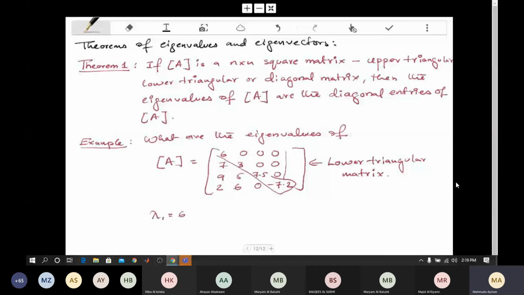So lambda 1 is 6, lambda 2 is 3, lambda 3 is 7.5, and lambda 4 is minus 7.2. Great. I hope you all understood theorem 1. Simple. Now let's go for theorem 2.